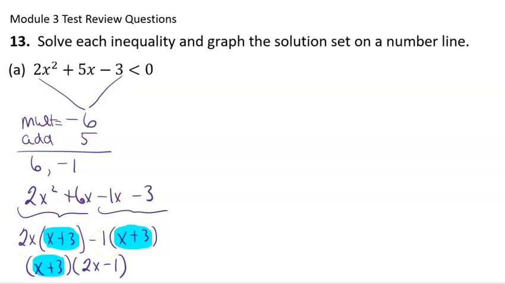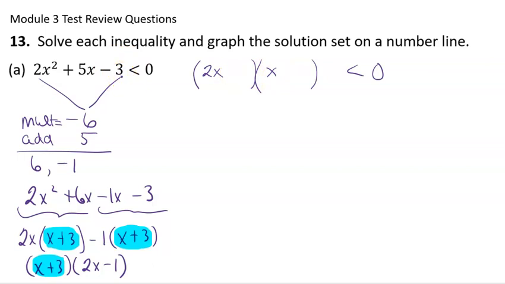Okay? Now, you didn't have to factor it that way. Don't feel like you have to do that. If you're comfortable factoring by trial and error, this one works fine that way. So you just do your 2 sets of parentheses and less than 0, and you play around. The only thing that multiplies to give you 2x squared is 2x and x, right? The only thing that multiplies to give you 3 is 3 and 1.